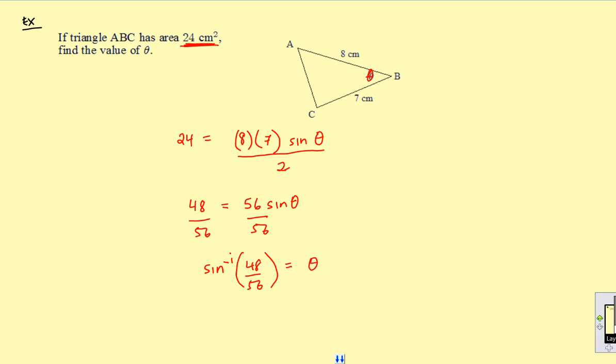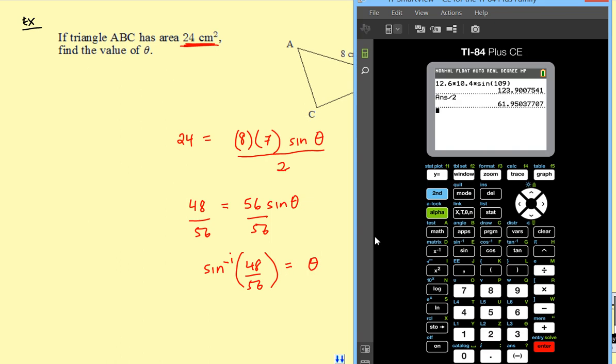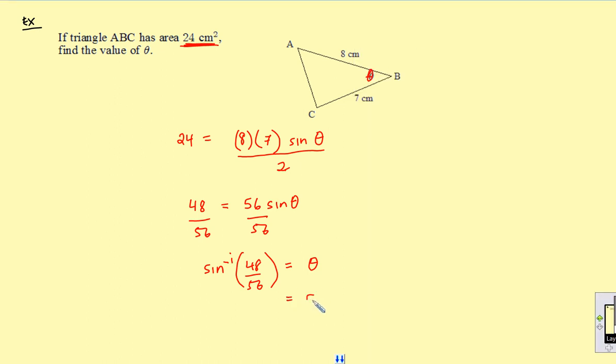So I will go into my calculator and do the second function, sine inverse of 48 divided by 56. I'm doing sine inverse because I'm looking for an angle measure. So the angle turns out to be 58.9, which is 59.0 degrees to 3 significant figures. Okay.